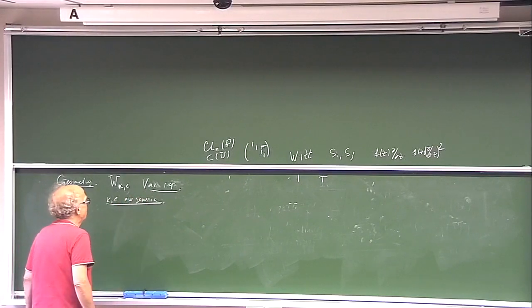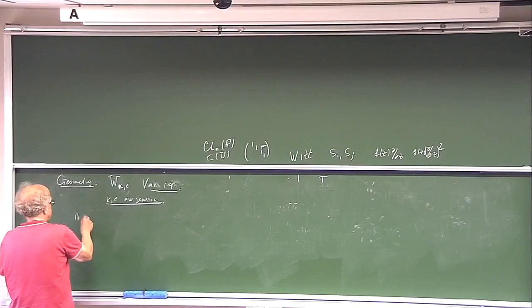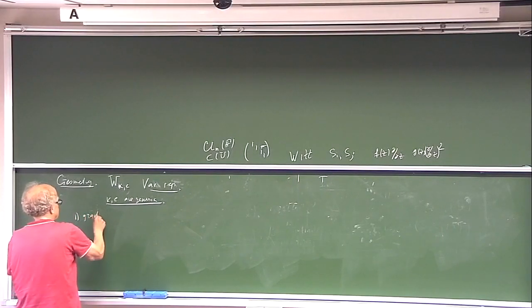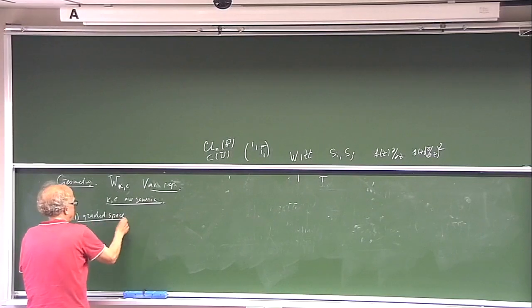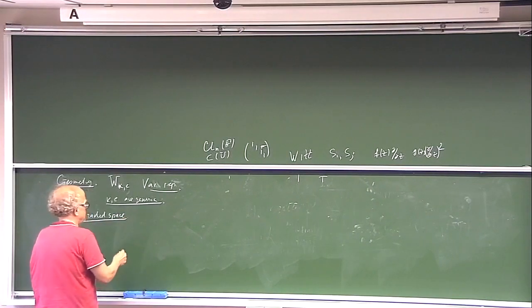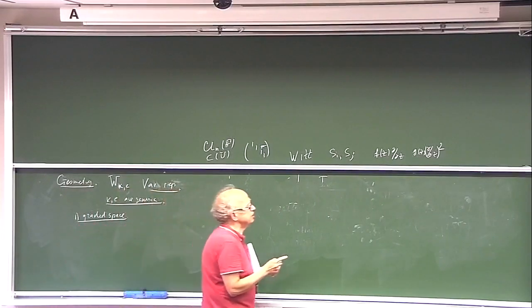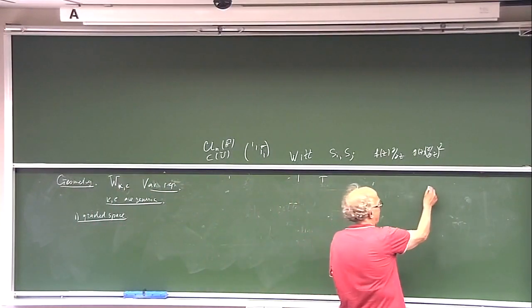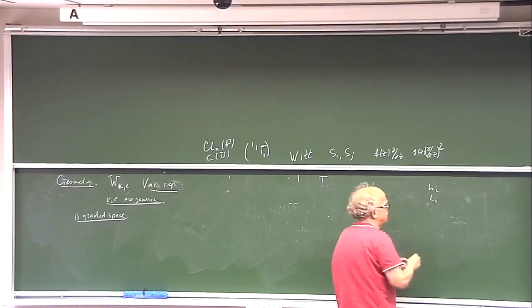Then the vacuum representation is a graded space, because the grading is natural. In my algebra, I have H_i, which has grading i, L_i, which has grading i, and so on.